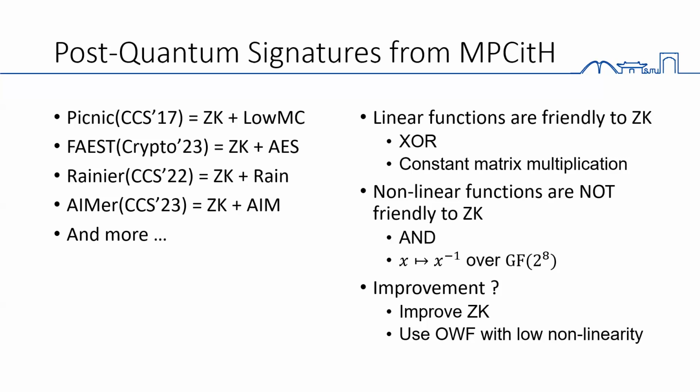And nonlinear functions are usually not friendly to zero-knowledge, for example, AND gate and inverse function over finite field. So if we want to improve those signatures based on MPC in the head, first we can use better zero-knowledge proof. And/or we can design some one-way functions with low non-linearity, which means we reduce the number of nonlinear functions as small as possible.